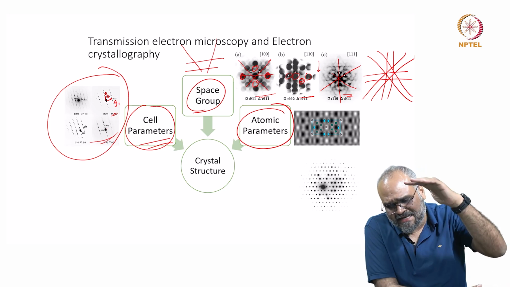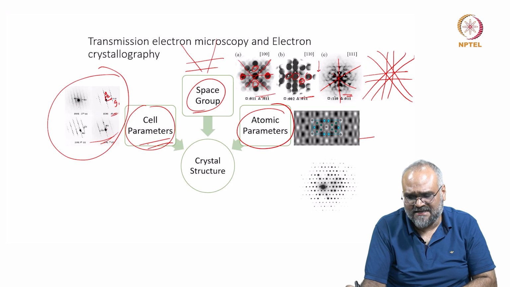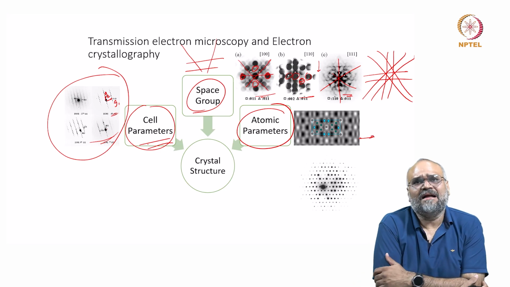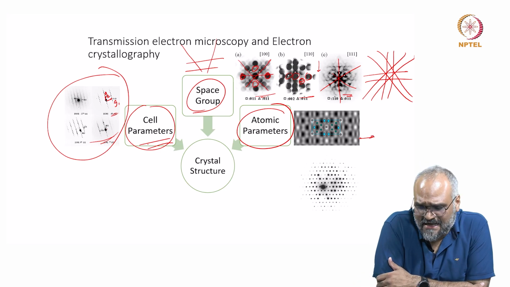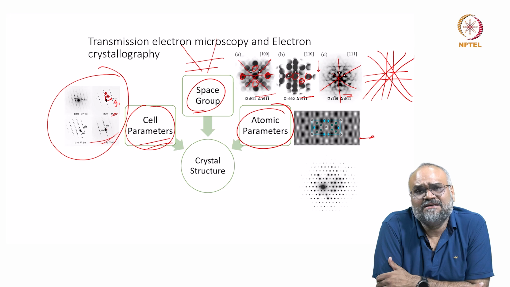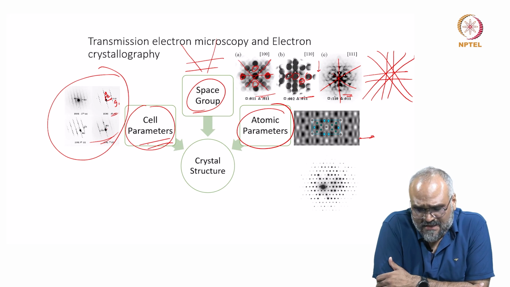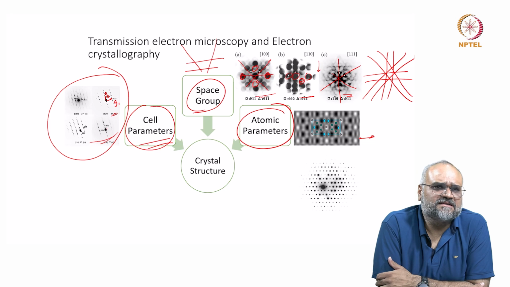I can collect a series of projected images and I can reconstruct something like this, and then I know how my atomic arrangement within the crystal is as well. And once I know all these, I can resolve a crystal structure.